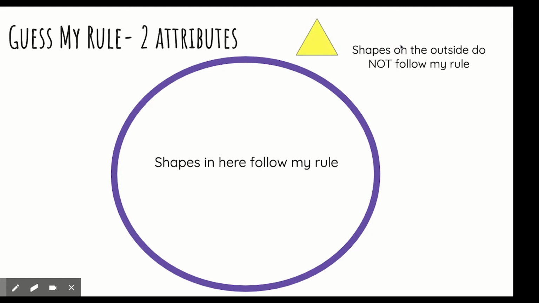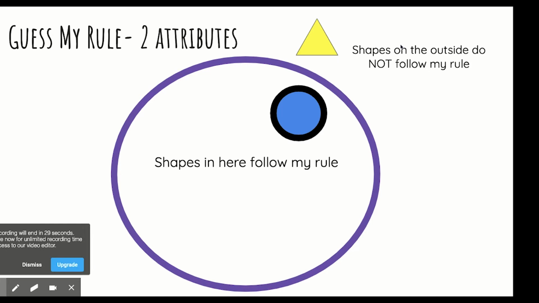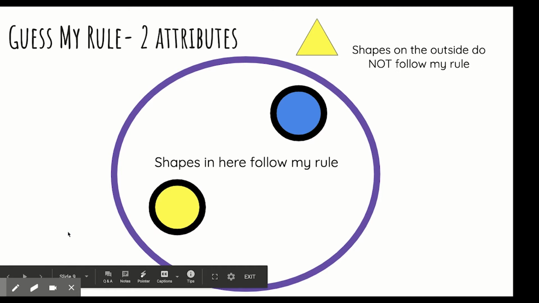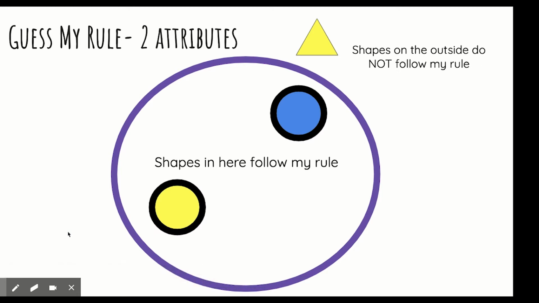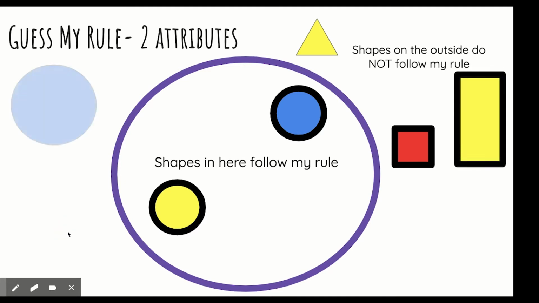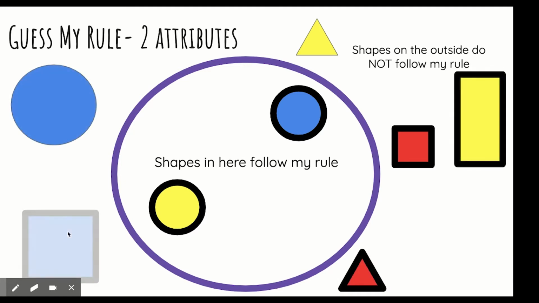The small yellow triangle with thin lines does not follow my rule, but the small blue circle with thick lines does. Ooh, and look, the small yellow circle with thick lines does too, but the small red square with thick lines does not. What do you notice about the shapes on the inside of the circle?